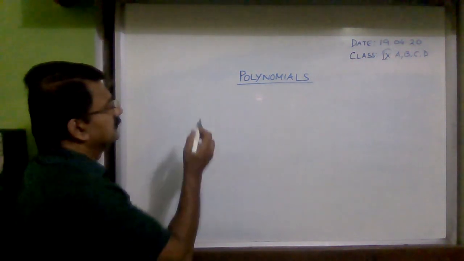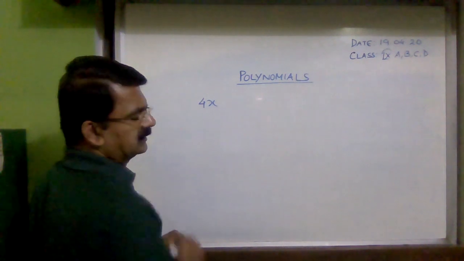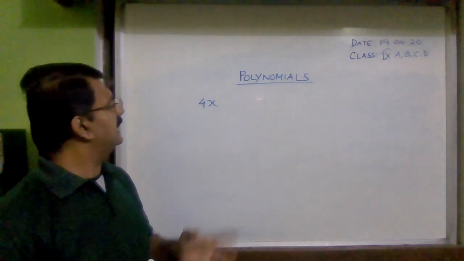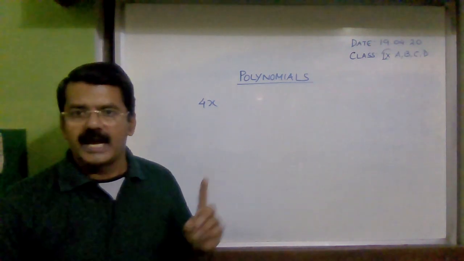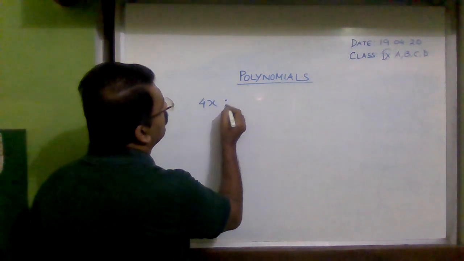Now, suppose I write 4x. So as you know, this is an algebraic expression which has only one term. As it has only one term, so it is called a monomial.